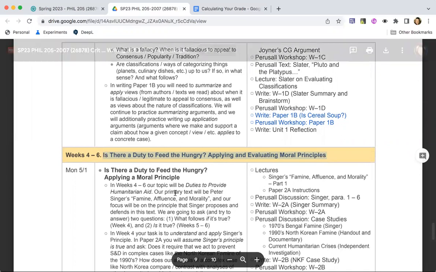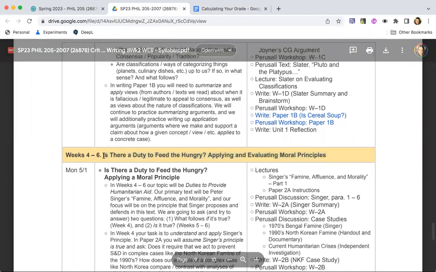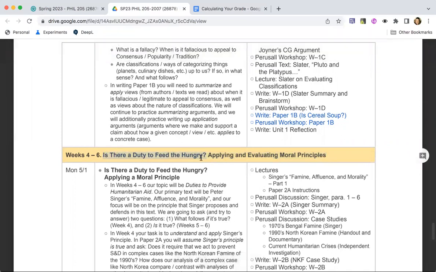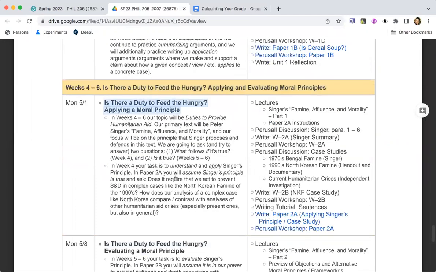So we're going to focus on cases where people are at risk of starvation and seriously need aid in the near future. Okay. And we're going to ask, are there duties to do this? Are there duties to act to prevent suffering and death associated with these kinds of humanitarian emergencies?